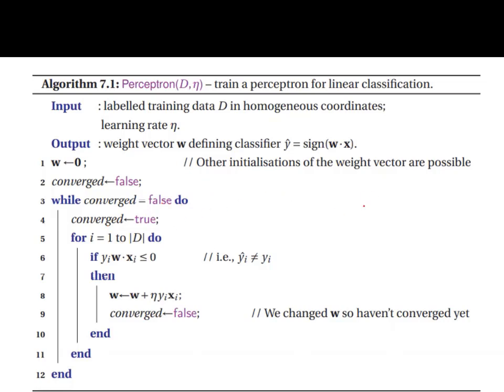Only the outlier formula is this. When a point is considered as an outlier, then its weight is added to our W. Then we say converge is equal to false.